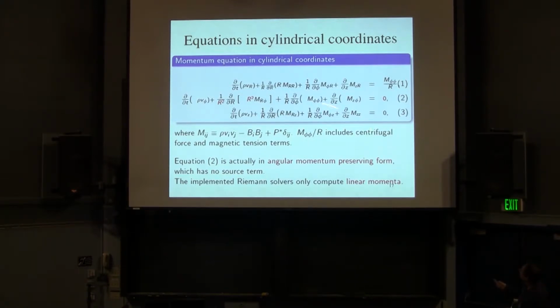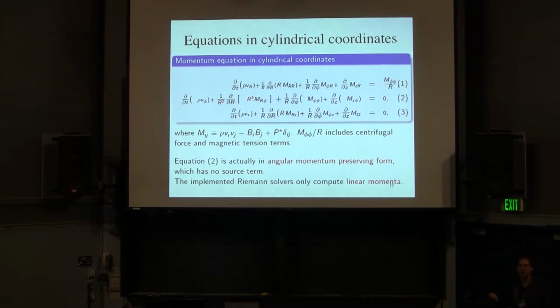The only thing that really changes is you add a source term to the right-hand side of the radial momentum equation, due to the geometry of the grid, and then you add some geometric factors into the operators in the phi component of the equation as well as the other two equations. But the fluxes themselves, these m's, are Aaron's way of representing the f, g, and h's that I wrote down before. Those themselves don't change.